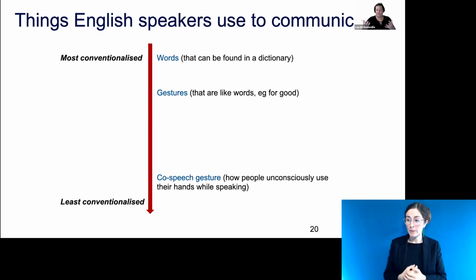And while talking, they'll do what I'm doing here, which is co-speech gesture, which is moving your hands in particular ways I won't go into, but it does give information about what you're talking about. This is typically how people say things in spoken English.